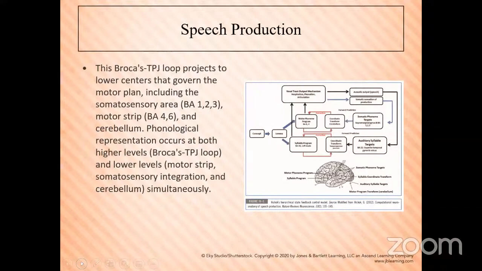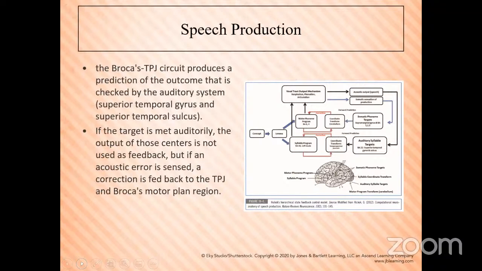The phonological representation occurs at both higher levels, the Broca's TPJ loop, and the lower levels also, the motor strip, somatosensory integration, and cerebellum simultaneously. So it's a very complex process, and this is really wonderful.